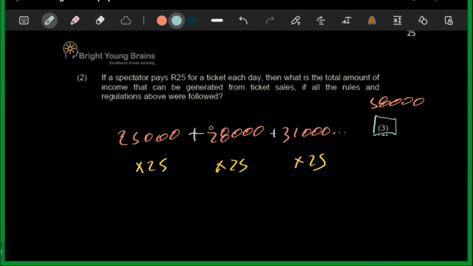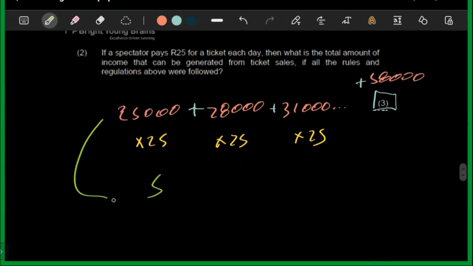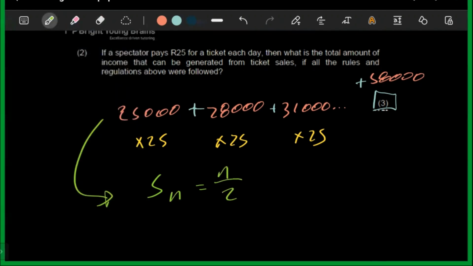Technically speaking, if you add up all the people, you can just multiply by 25 once and then get your answer. So to do that, we can just get the Sn, the sum of the first 12 terms in this sequence, right? Using our Sn formula, we can just get the sum of all those people and then multiply it.